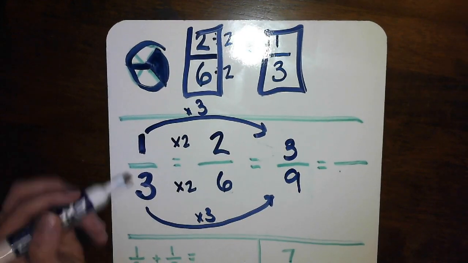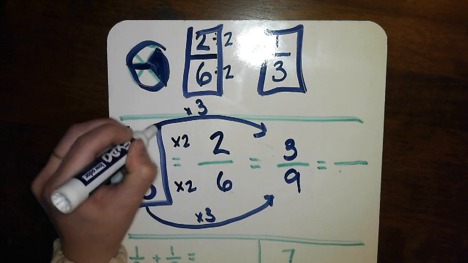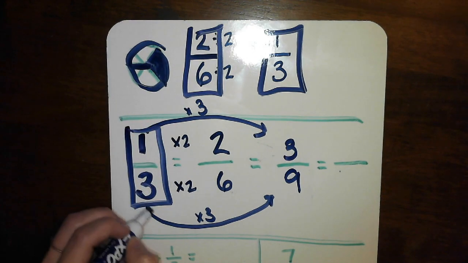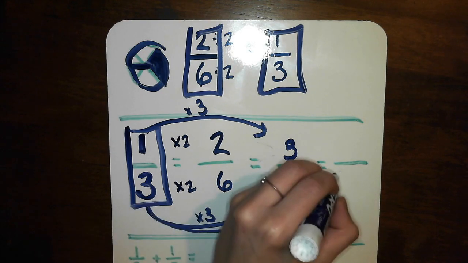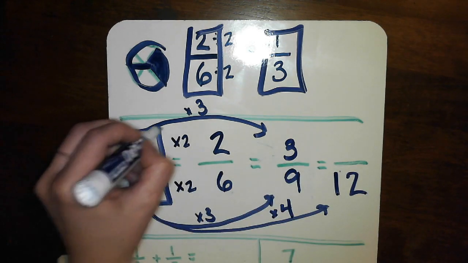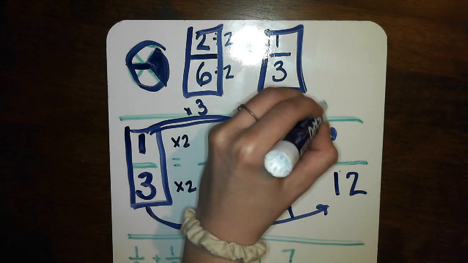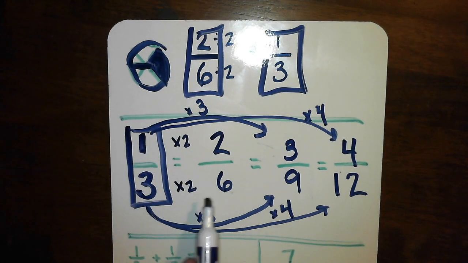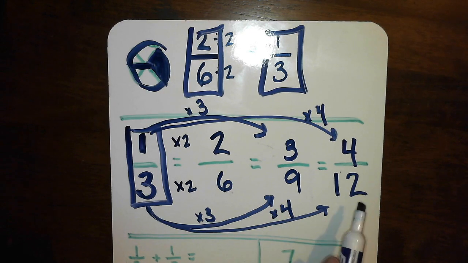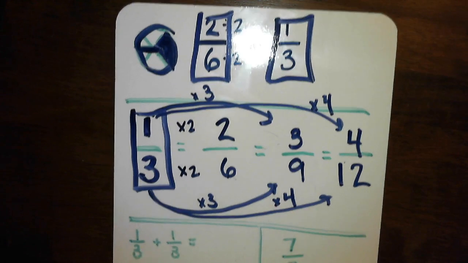And we can go another time. It's important that you always start with the unit fraction. So then I can multiply it times 4. 3 times 4 is 12. 1 times 4 is 4. So 1/3, 2/6, 3/9, and 4/12 are all equivalent fractions. They mean the same amount.